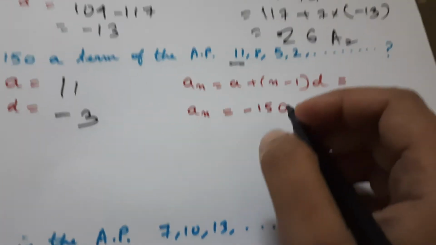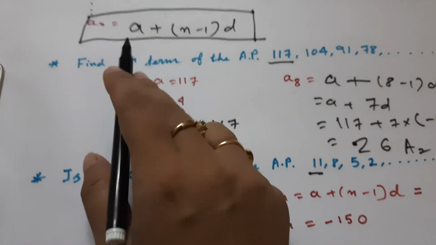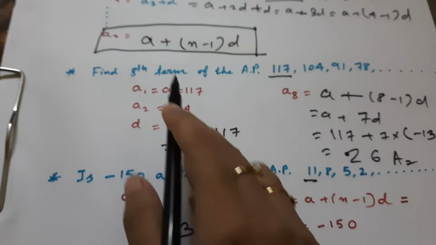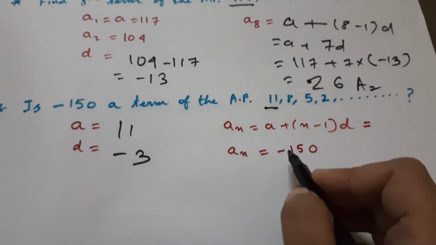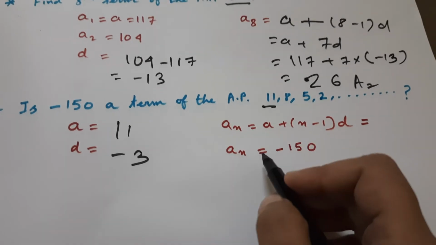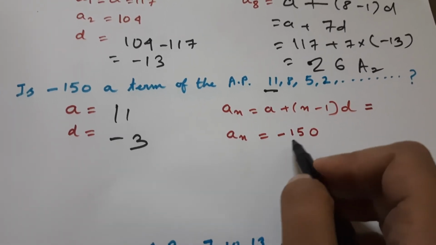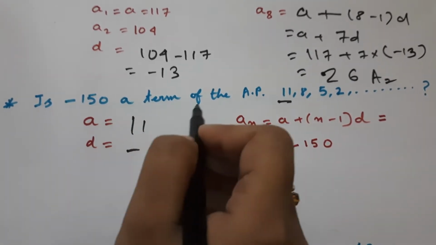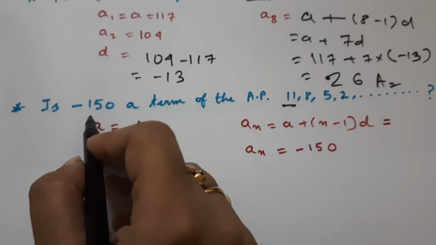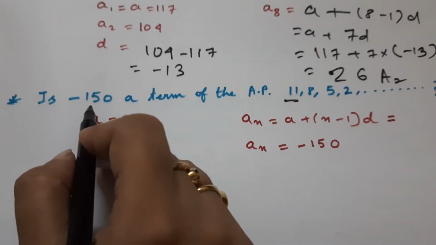And we know the general term is An equals A plus (n minus 1) into D. So here we write the general term. The question is whether minus 150 is a term, so we suppose that minus 150 is the nth term.